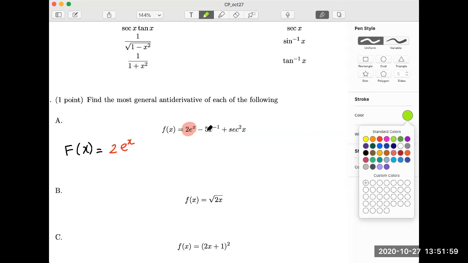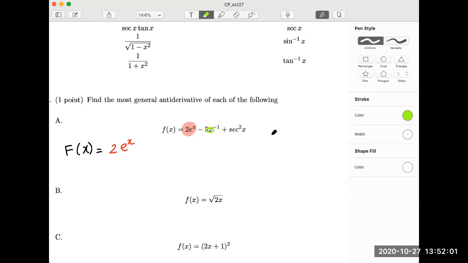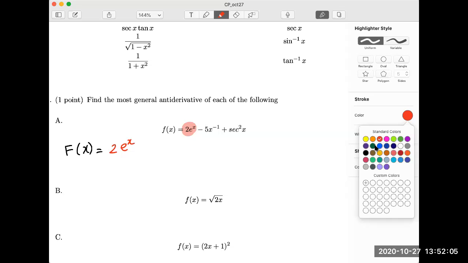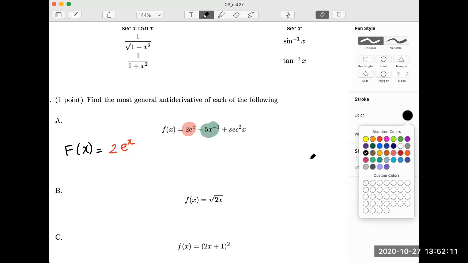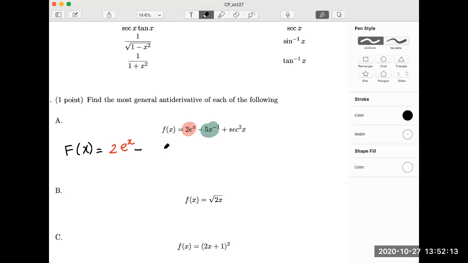The second term. Oops, sorry. The second term, the negative sign, let us rewrite it. Negative sign. And the constant does not affect this. Let us rewrite it, right?